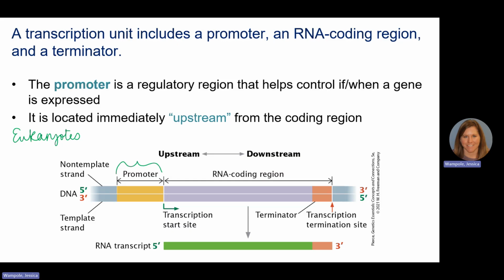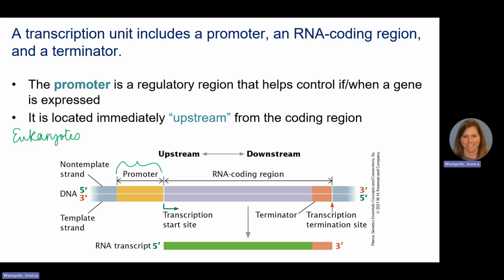And it is turned on when RNA polymerase binds to that promoter region. In chapter 12, we are going to learn a little bit about gene regulation, where the cell can control which genes are turned on and off at what point, because not all genes are expressed all the time, and not all genes are expressed in all cells.